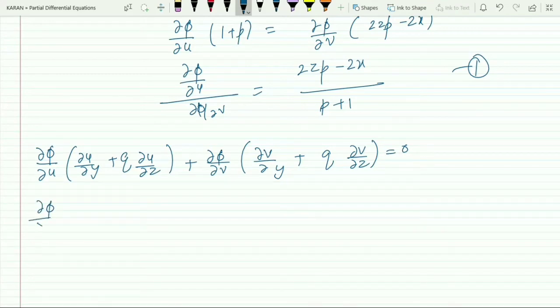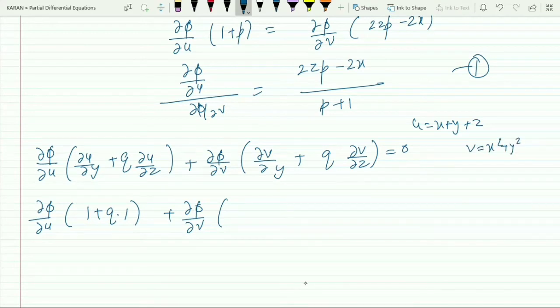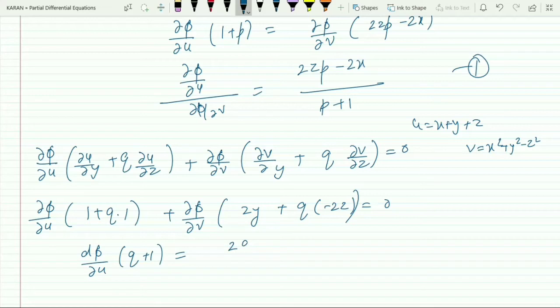What was my u? u was x plus y plus z, so ∂u/∂y will be 1 plus q into again 1. ∂phi/∂v: v was x square plus y square minus z square, so if you partially differentiate with respect to y, this will be 2y plus q into minus 2z equals 0. So ∂phi/∂u into (q plus 1) is equal to (2qz minus 2y) into ∂phi/∂v.